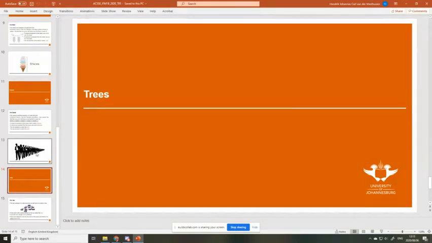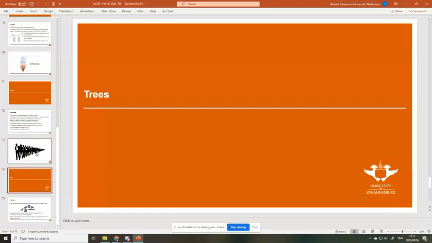Not the first node, but the root. It starts at the root. And then what does it do from there? It grows up, it branches out, it goes up.